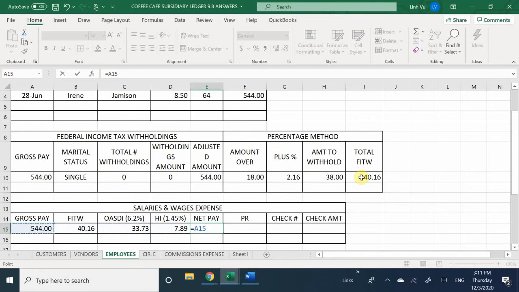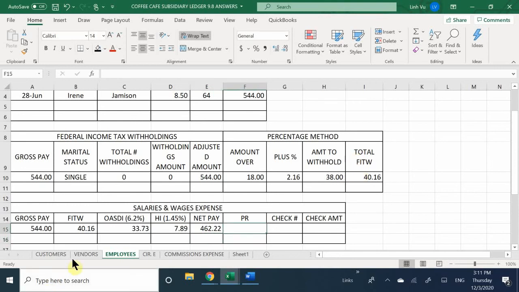If we take her gross pay, subtract her federal, subtract her Social Security, and subtract her Medicare, how much is her check actually going to be written out for? $462.22. Yes, $462.22.